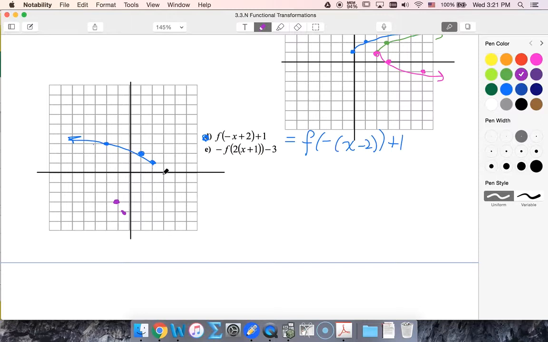Now I'm going to take (4, 2), reflect it, move it down 3, take that 4 and divide it by 2, and then move it 1 to the left. So I can see that my graph has shrunk horizontally. Those points are not as spread out as they normally are. I've reflected over the x-axis and moved down 3.